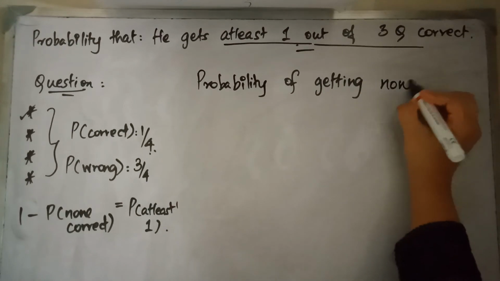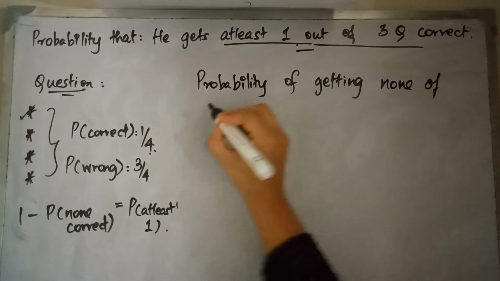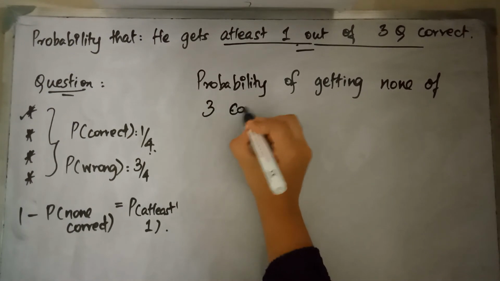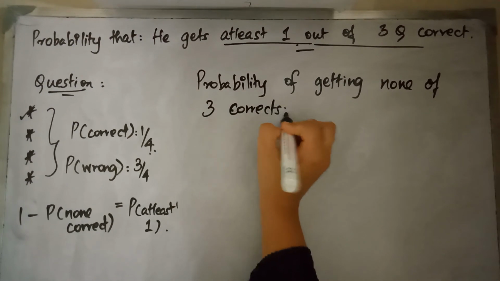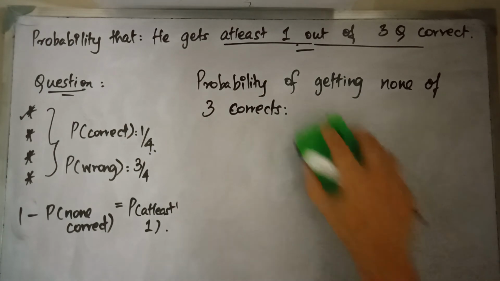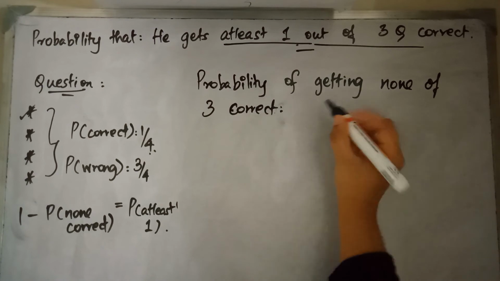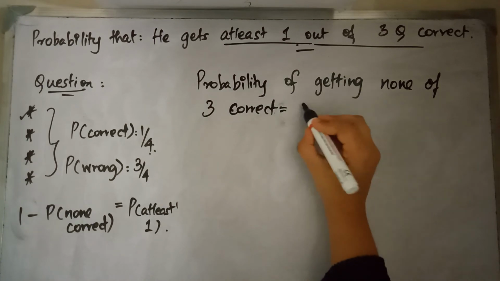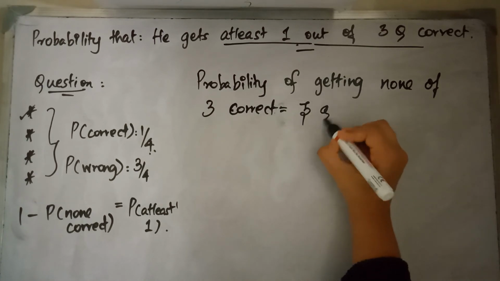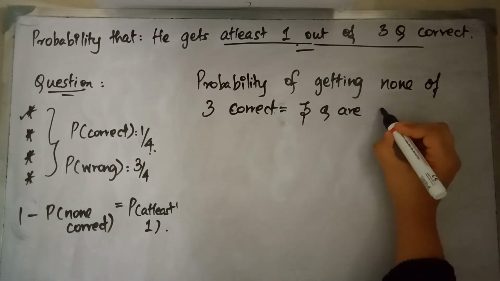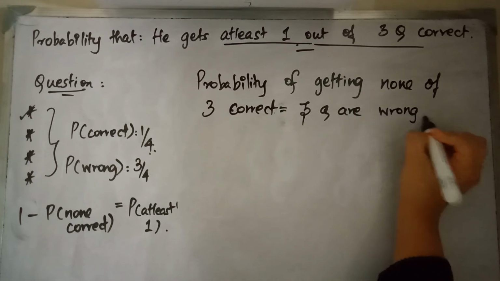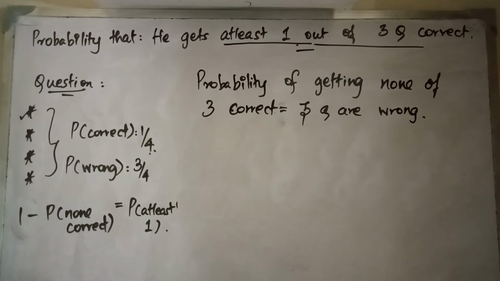Probability of getting none of the three questions correct. If he gets none of the 3 questions correct, that means that he gets all 3 of them wrong. It's the same event. What's the probability that he gets all 3 of the questions wrong?